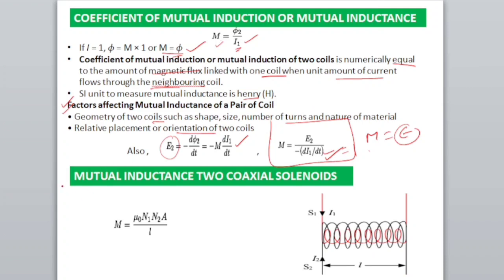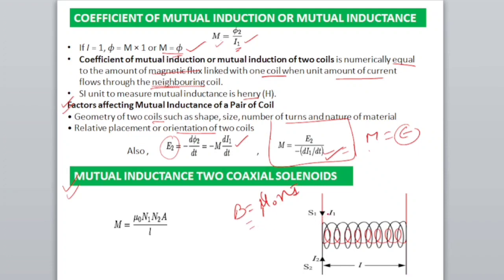Now you must remember this formula. What is the formula for mutual inductance of two coaxial solenoids? Suppose there are two solenoids S1 and S2. One solenoid is placed inside the other solenoid. If current is changing in one solenoid, then you know inside the solenoid magnetic field is produced. Its value is B equal to mu naught n i. And due to this, magnetic field is changing, current is changing, magnetic flux is changing.